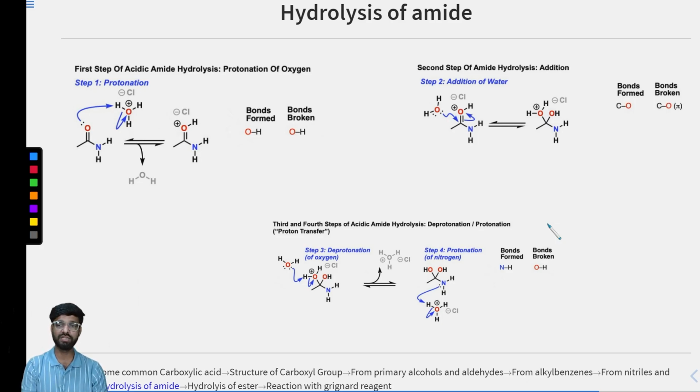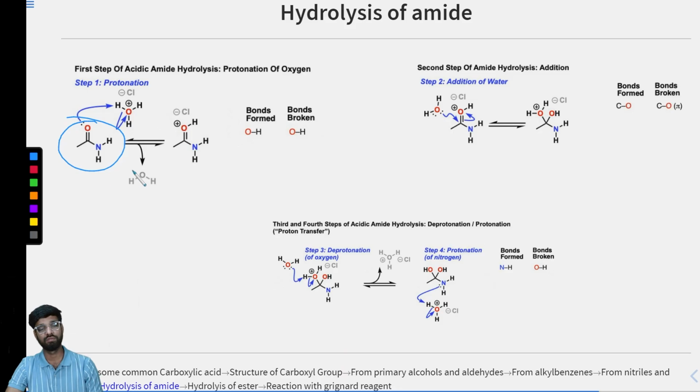We have a 3-step mechanism that has to be followed for the formation of carboxylic acid using amide. So our amide is here. The first step is protonation. We have the amide here, we have oxygen here, and H3O plus, as we have introduced it in the presence of acid.